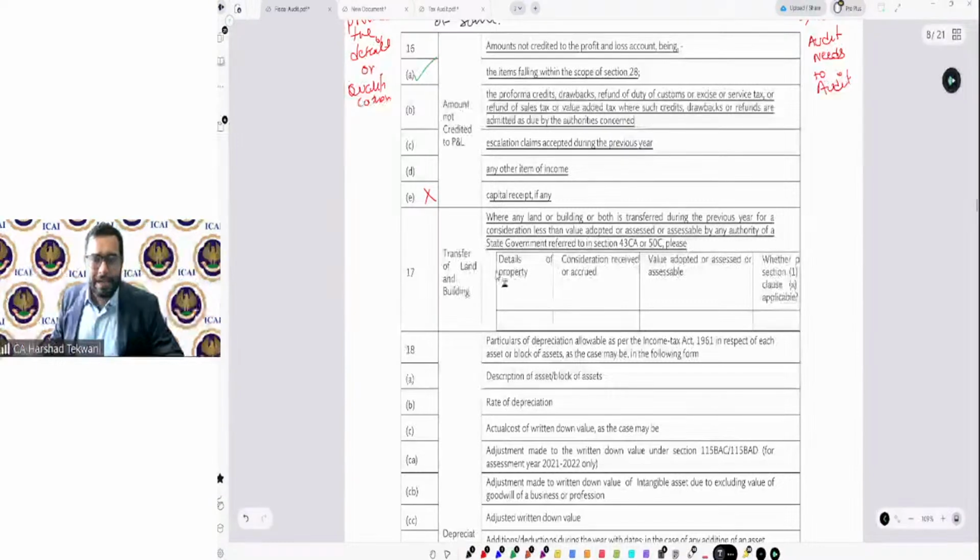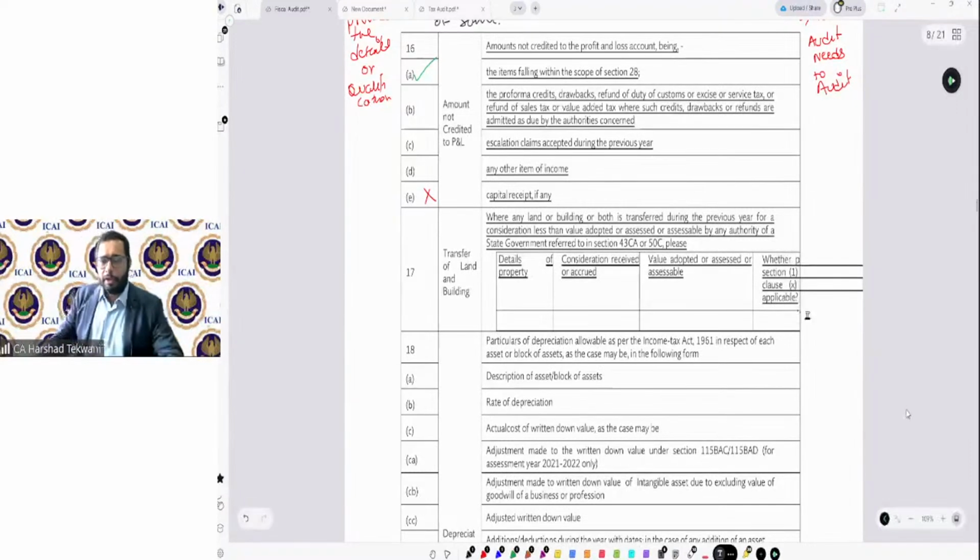Then please provide the details of the property, consideration received, value adopted, and under which clause it is applicable, whether 43CA or 50C.